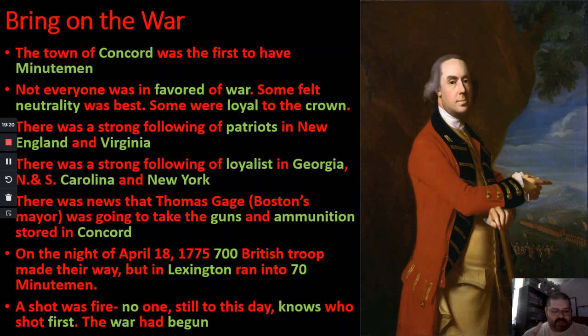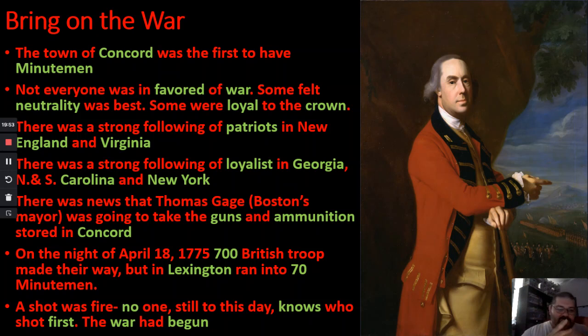States like Georgia, North and South Carolina, and believe it or not, I thought this was interesting, New York. As much as you hear people from New York talking about how they're so American and they're patriots, well, your great, great, great, great, great ancestors actually, the majority of them favored staying loyal to the king. So I thought that was pretty interesting.